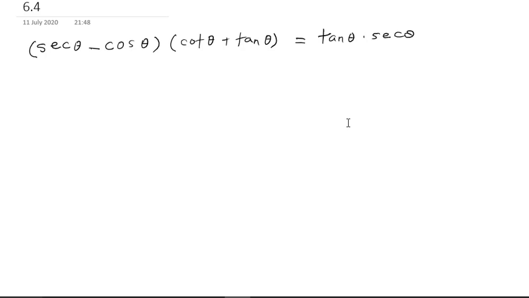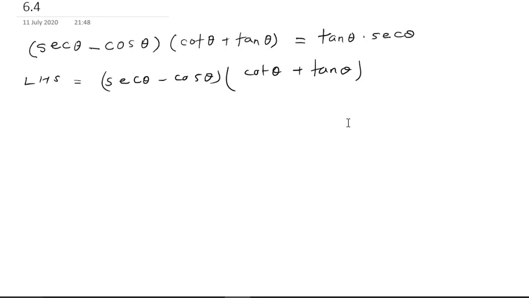Now here: (sec theta minus cos theta) into (cot theta plus tan theta) equals tan theta into sec theta. Again, as there are more terms in the left hand side, I will begin with the left hand side. Left hand side is (sec theta minus cos theta) into (cot theta plus tan theta).